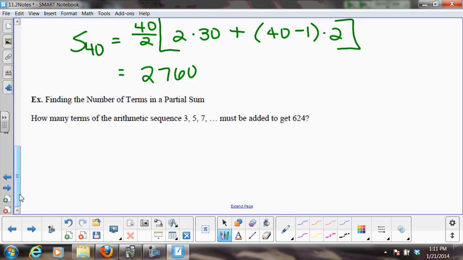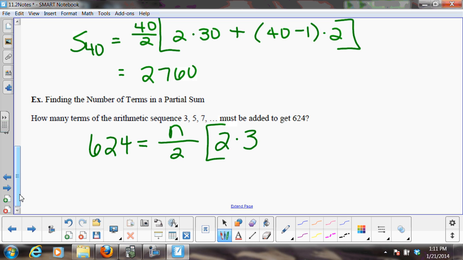And the last one, find the number of terms in a partial sum. How many terms of the sequence must we get to get 624? Well, that's our sum. That's going to equal sum n, we don't know what. So we're using the first summation formula. 3 is our first term.